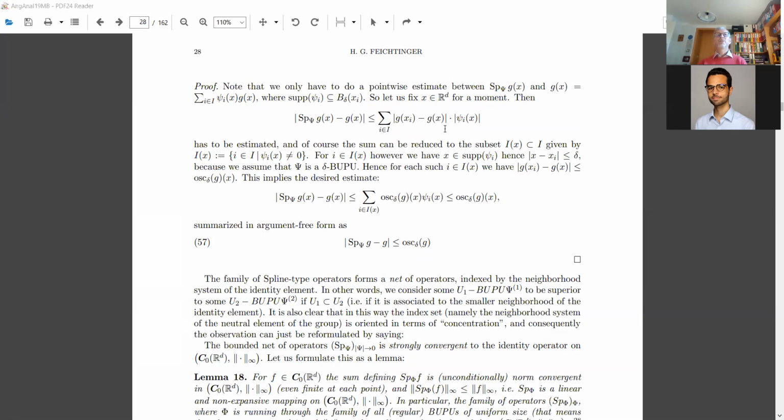So what is the difference from the term that you have in the spline approximation theory? It's psi i of x times g of x, whereas in the interpolation term, it's g at the center. So we have to estimate in the pointwise sense everything at every position, wherever you look at it. Only finitely many psi i's are involved, so this infinite sum is only a formal infinite sum. You have to estimate this difference.